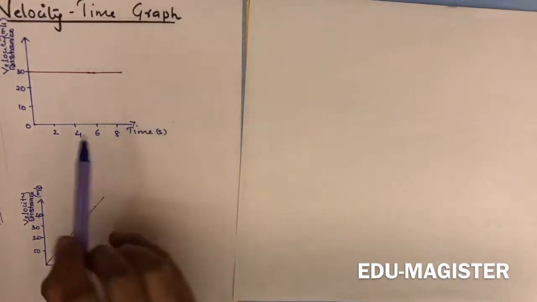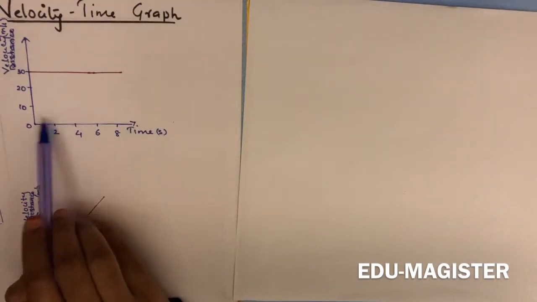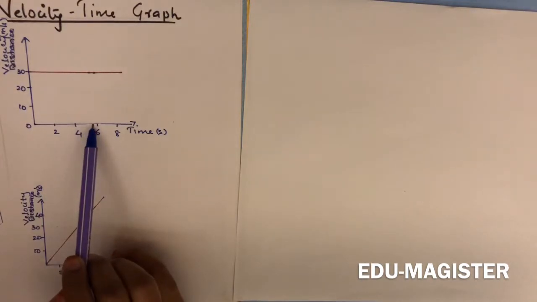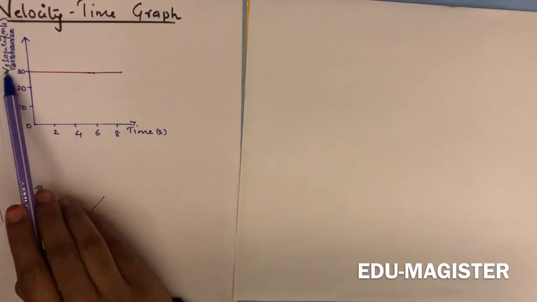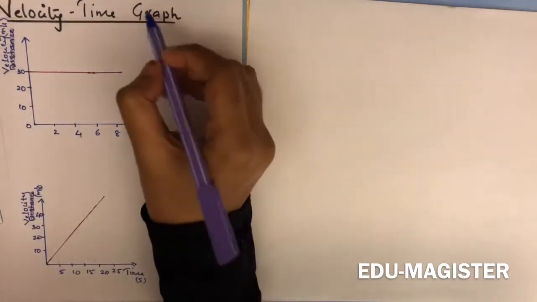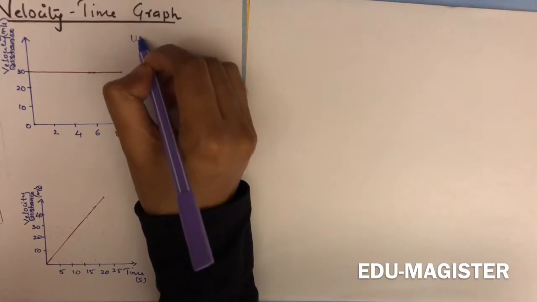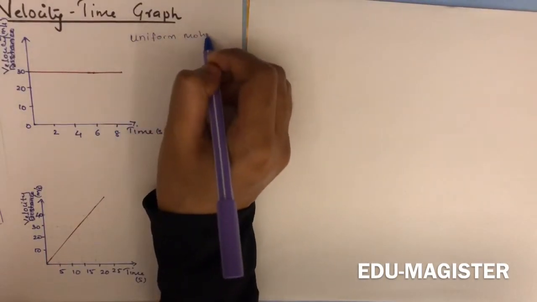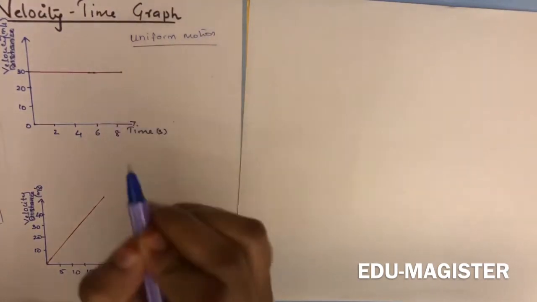Here, this graph, which is a horizontal line parallel to the x-axis in a velocity time graph, represents a uniform motion. Why?